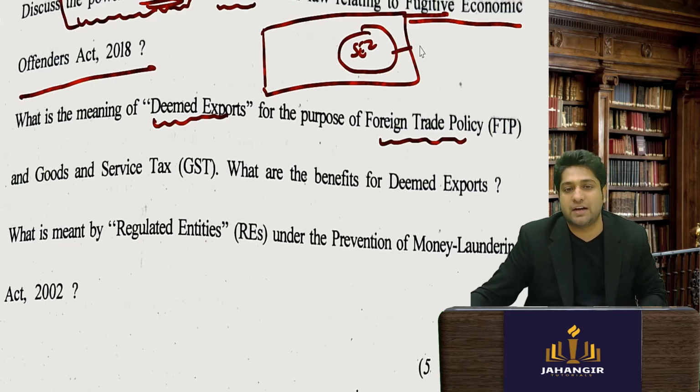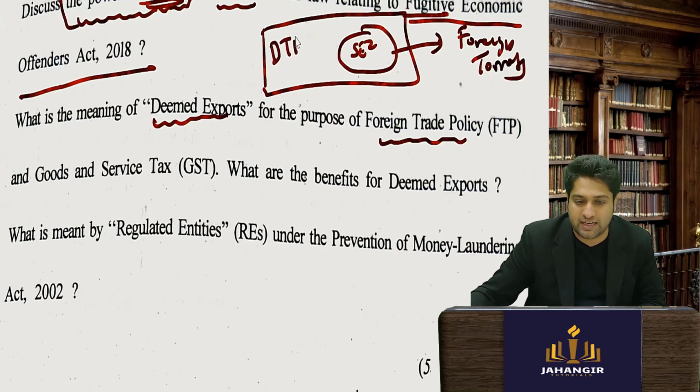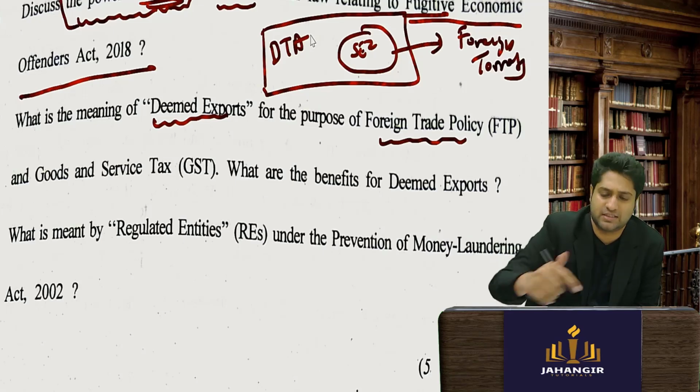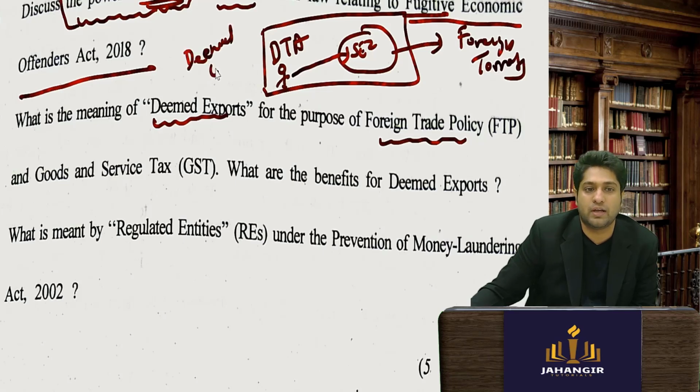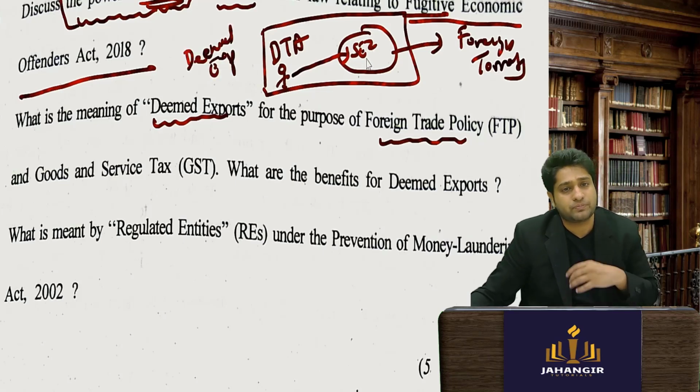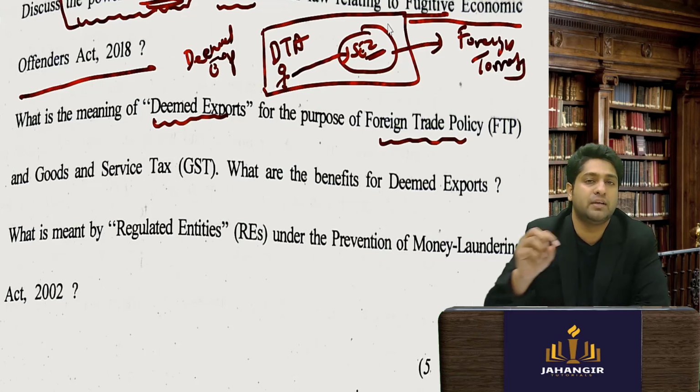Okay, now SEZ for the purpose of tax is treated as a foreign territory. So from the domestic tariff area, that is everything else other than SEZ, when a person is selling goods to SEZ, it is deemed export. Okay, deemed exports. So accordingly no tax will be levied.